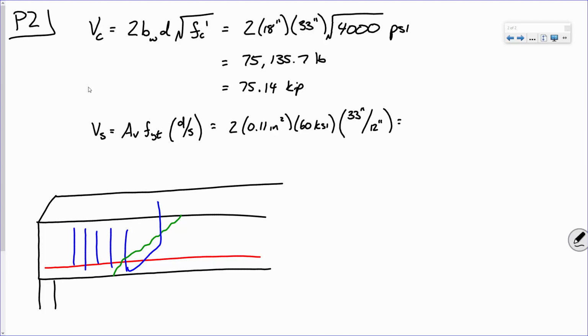Whenever you see a square root of f'c, it represents an empirical relationship. And let me take a step back. An empirical relationship is one where the mechanics are so complicated that what we end up doing is we say, okay, let's build a bunch of reinforced concrete beams. Let's go down to the lab and break them, because any day with controlled demolition is a good day, and let's record the data.